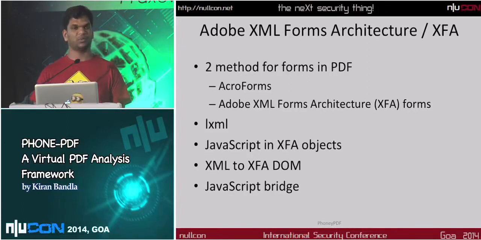So the parser, when it parses out the raw objects, extracts even XFA objects, and it parses them, extracts any XML inside them, and if that XML has JavaScript inside, it'll execute the JavaScript inside the same context. So when you have a pure JavaScript object and an XFA object, if one of them creates a variable in the context, it can be accessed from the other, which is pretty cool.